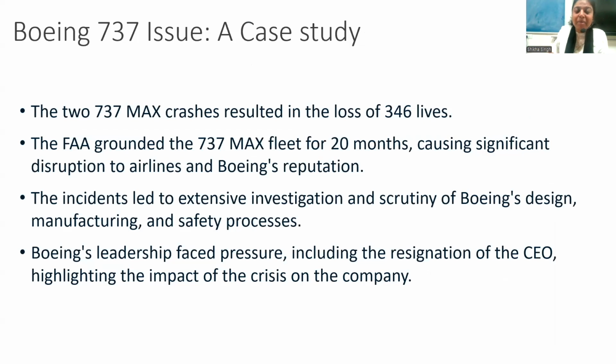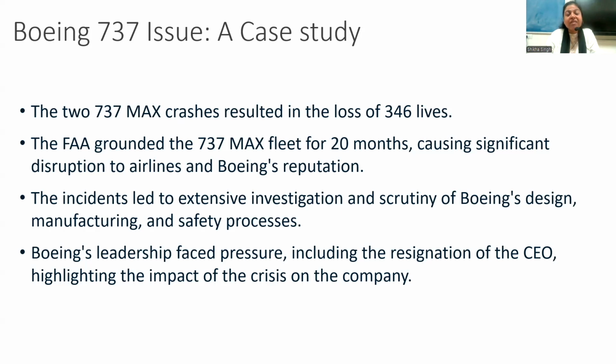So this is not limited to automobiles. It is more severe. Accidents and defects happen in aircraft also. So there's one more case. If you remember the very first introductory slide, this case was also listed in that slide. That was the Boeing 737 issue, right?